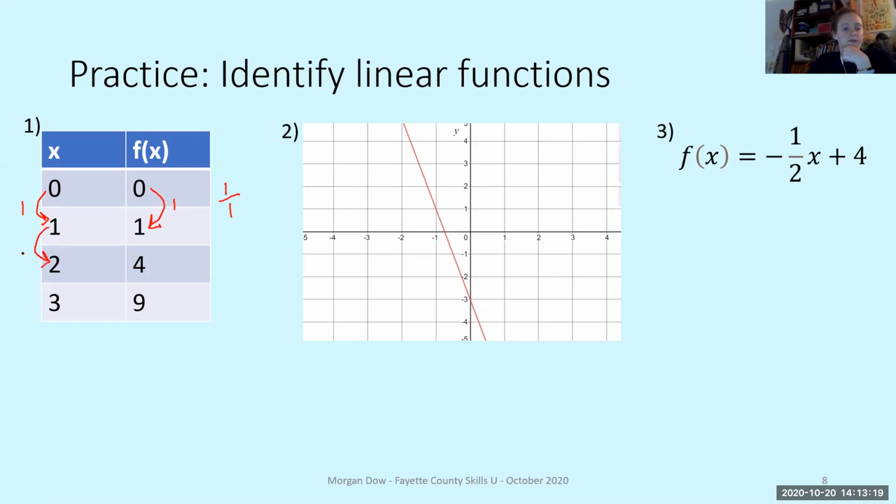Going from 1 to 2 is a change of 1, and 1 to 4 is a change of 3. So now we're getting this ratio of 3 to 1. 1 to 1 is not the same thing as 3 to 1. So right away we can tell that this is a non-linear function.